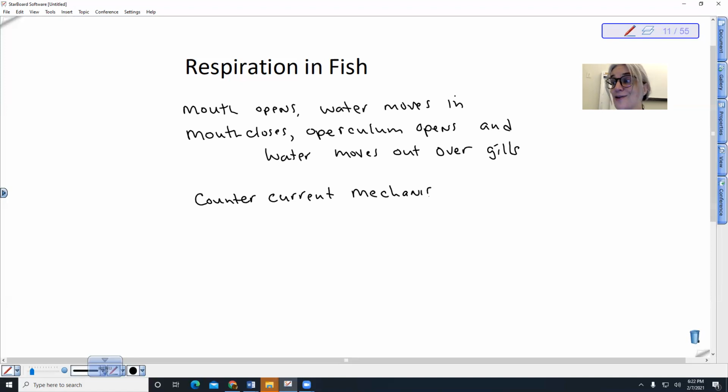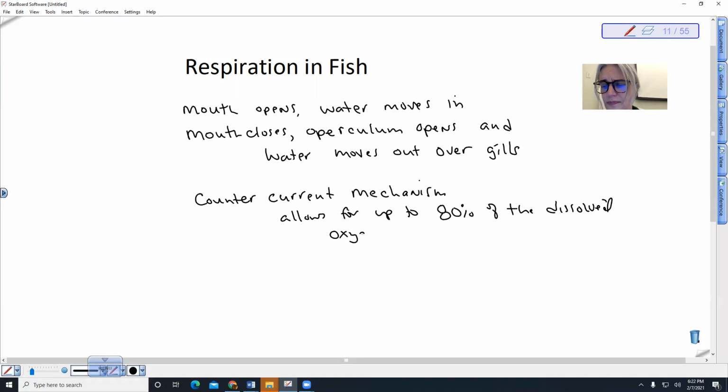And this describes how they can efficiently extract oxygen from the water, allowing up to 80% of the dissolved oxygen to be extracted.